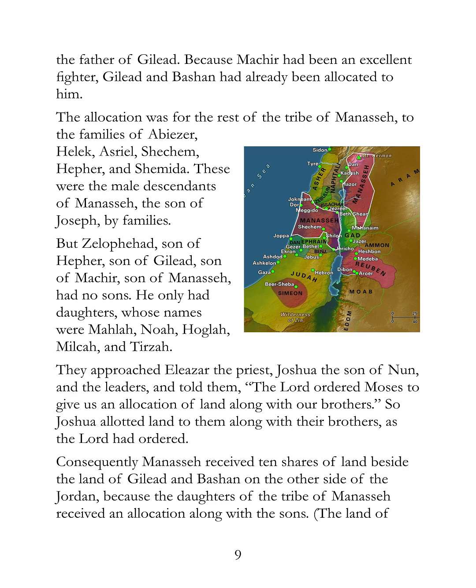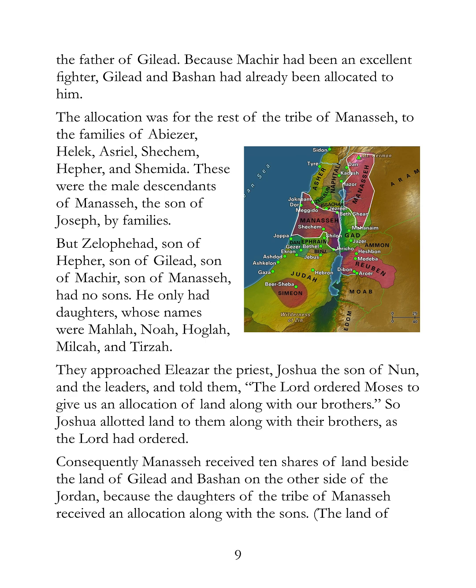The allocation was for the rest of the tribe of Manasseh, to the families of Abiezer, Helek, Asriel, Shechem, Hepher, and Shemida. These were the male descendants of Manasseh, the son of Joseph, by families. But Zelophehad, son of Hepher, son of Gilead, son of Machir, son of Manasseh, had no sons. He only had daughters, whose names were Mahlah, Noah, Hoglah, Milcah, and Tirzah.